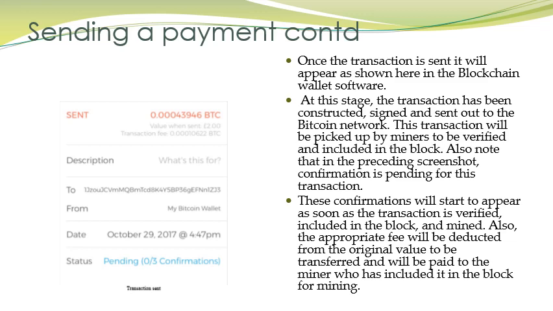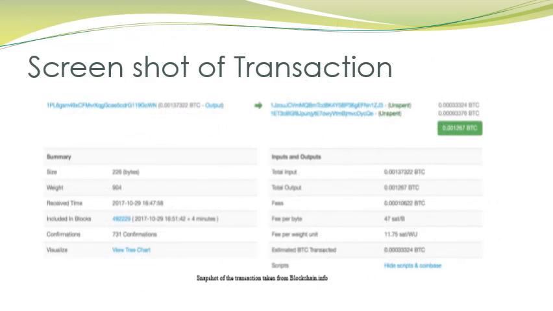This is how the transactions happen in the Bitcoin network with blockchain. So you can see the screenshot of the transaction. There are a number of fields in this screenshot, so we will see them in the next slide.